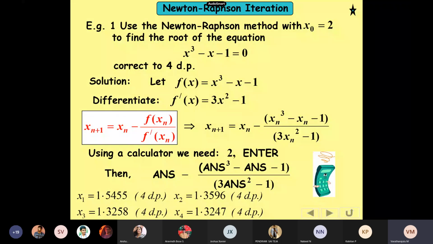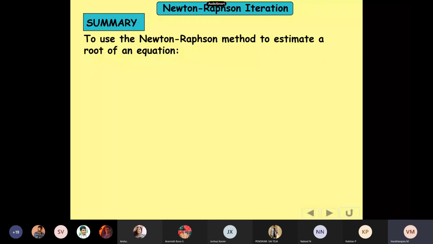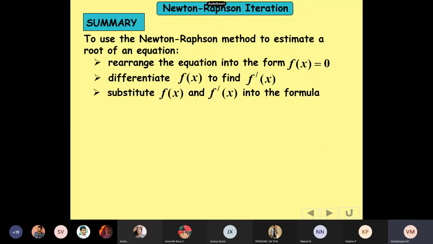So thank you, Aravind Bosch. To use the Newton-Raphson method to estimate the root of an equation, rearrange the equation into f of x, with the RHS being 0. Differentiate f of x one time and substitute f of x and f dash of x into the Newton-Raphson formula, that is xn plus 1 is equal to xn minus f of xn divided by f dash of xn.